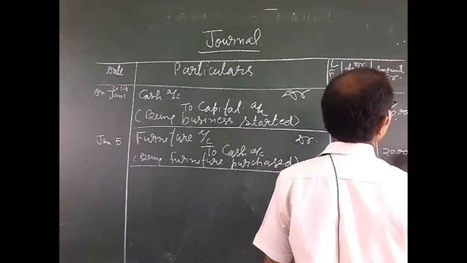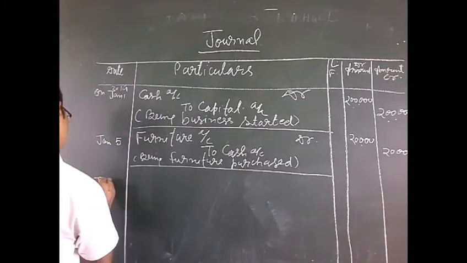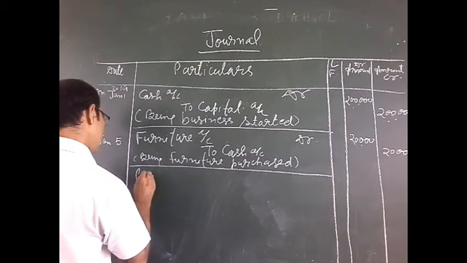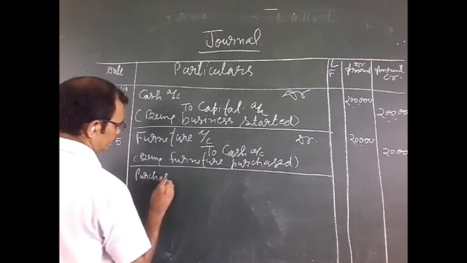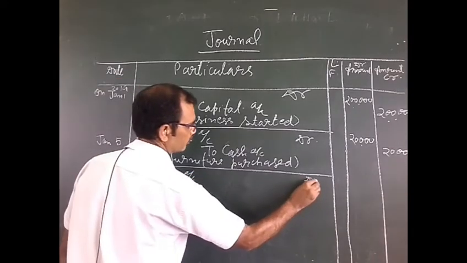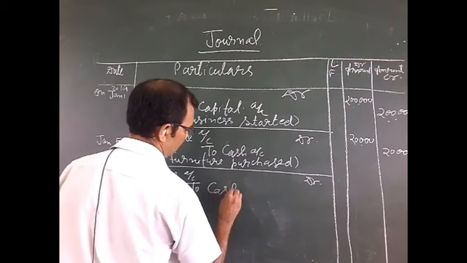The next entry is goods purchased on January 20. Purchases account debit, to cash account.